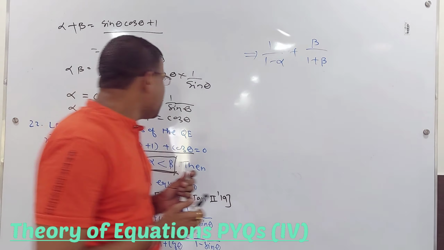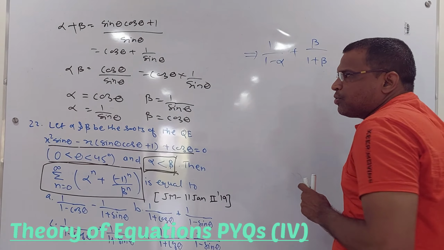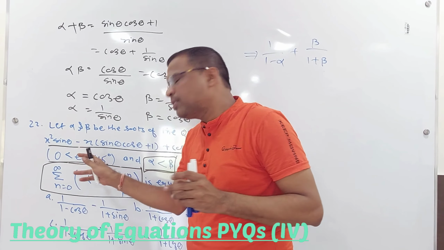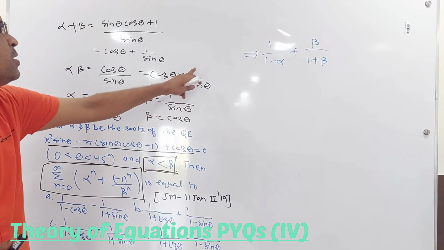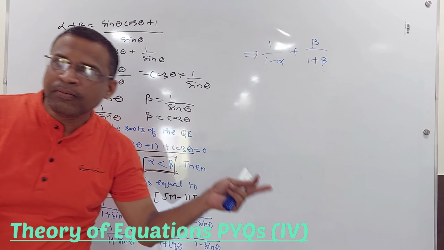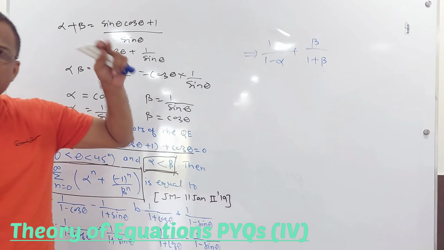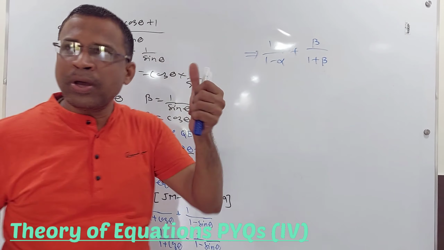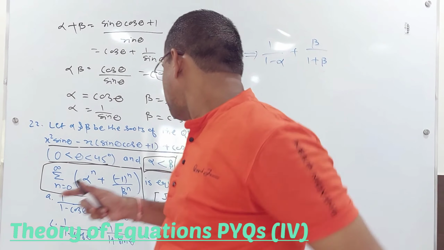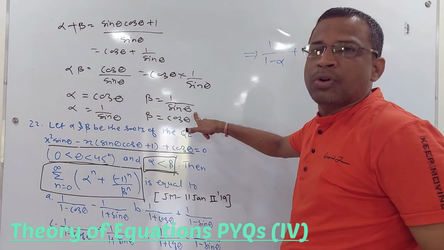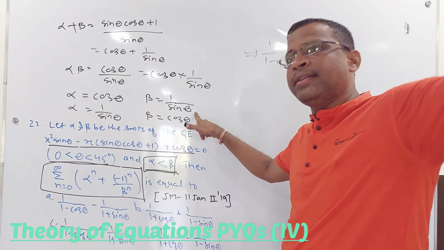Theta is in first quadrant. So in first quadrant, even in between 0 and 45, sin theta value is something and the reciprocal of that will be greater than 1. Sin 0 is 0, sin 45 is 0.707. So the reciprocal of that will be greater than 1.